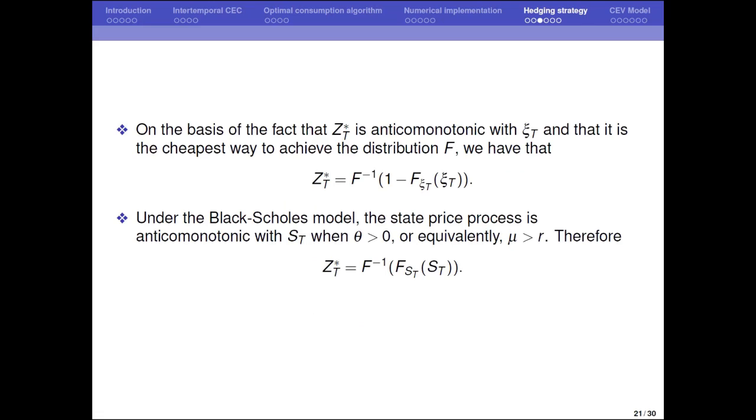On the basis that Z star is anti-monotonic with the price kernel, as I told you, the stock price in the Black-Scholes model is anti-monotonic with the stock price process.